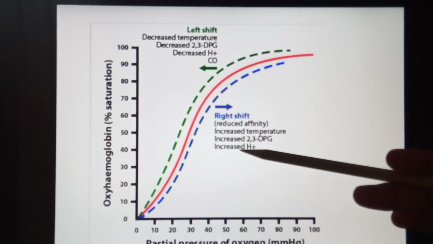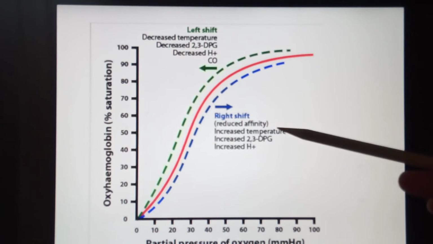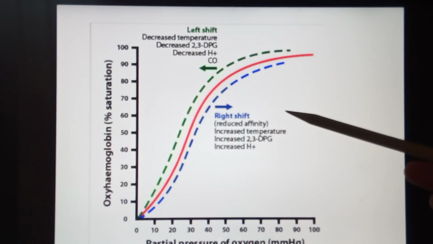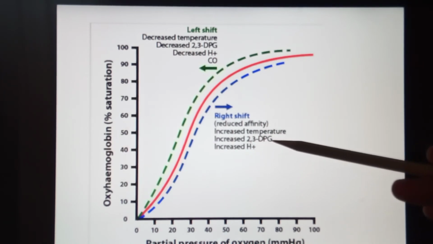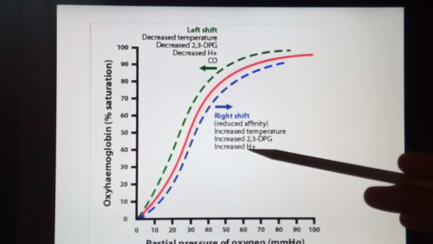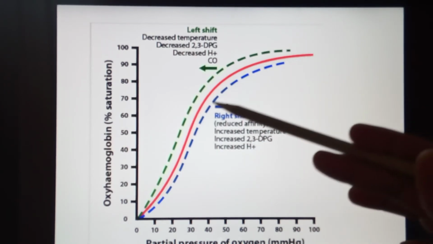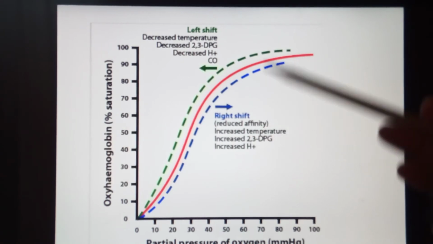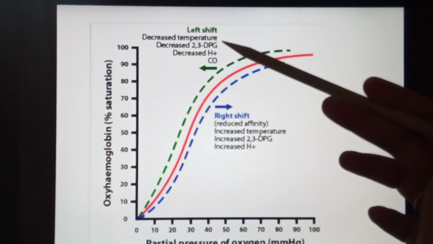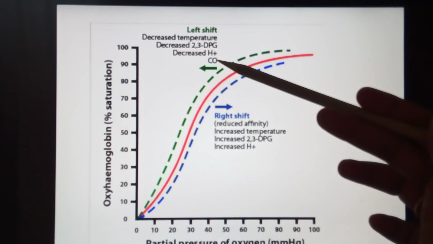Second, when this reaction takes place, the temperature increases, along with 2,3 DPG. So when these three components are present in the tissue, the sigmoid-shaped graph shifts to the right. The left-shifted graph shows the oxygen dissociation curve of the lungs.